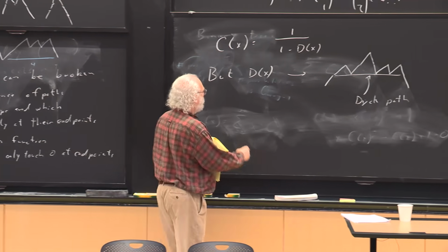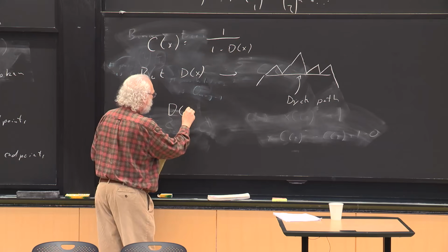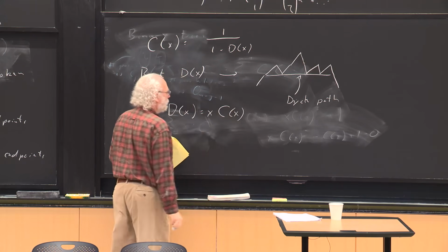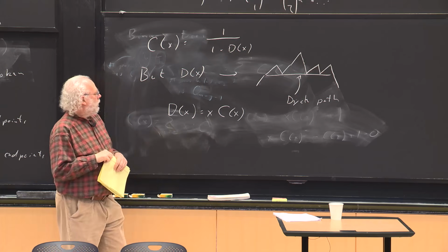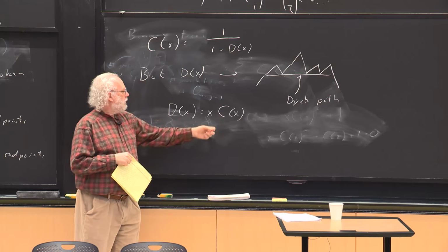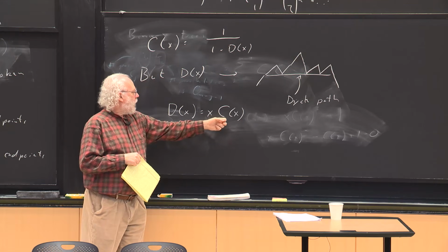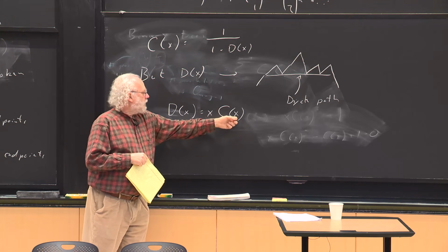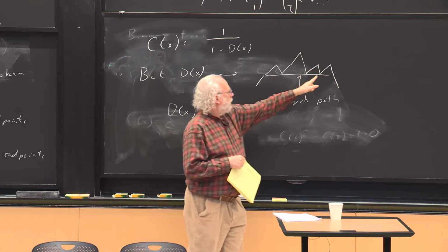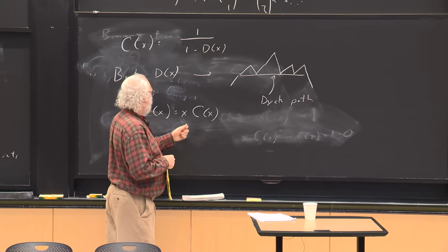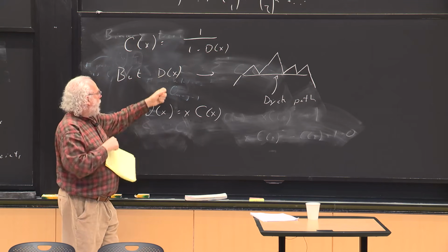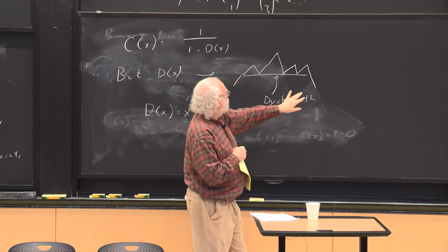So this says that d of x is equal to x times c of x. Because x to the k was twice the number of steps in a Dyck path, and to get the raised Dyck paths, you add 2 steps to a Dyck path.